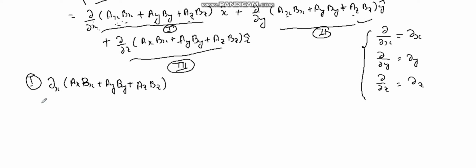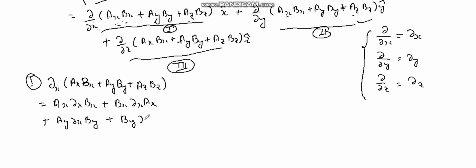So this is going to have 6 terms. From the product rule we will expand these two, and then this 2 and this 2. So in total we are going to have 6 terms, right? So we will have ax del x bx, then bx del x ax, then ay del x by plus by del x ay.